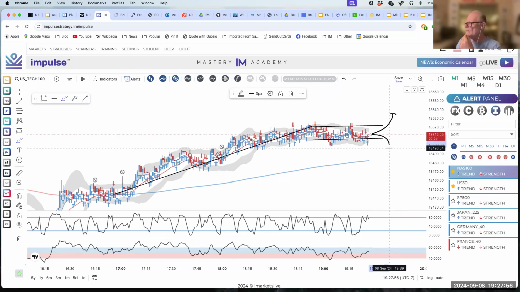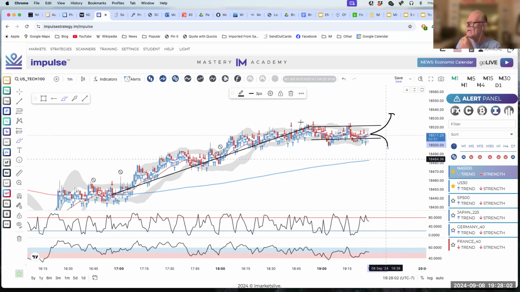My thought is we're going to be heading up here, even though it's only the 1 minute that's showing an uptrend. I think if it breaks through the top of this line here, we should be good. We are right now, again, looking at a big round number.